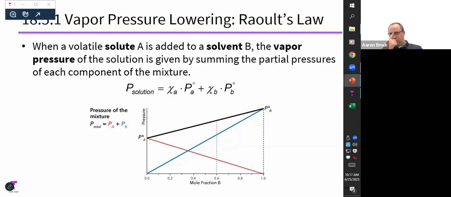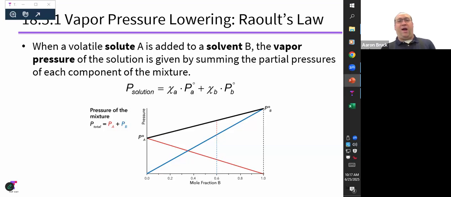So if I have two volatile components, A and B, what I will see is that since A has a vapor pressure and B has a vapor pressure, and both of them are going to be impacted by each other, the total vapor pressure that we see is going to be the sum of the two affected vapor pressures.